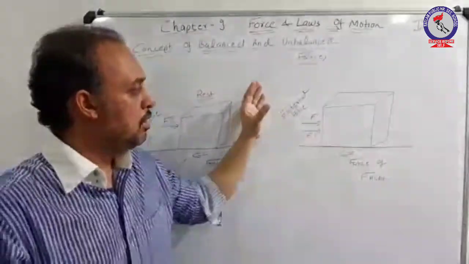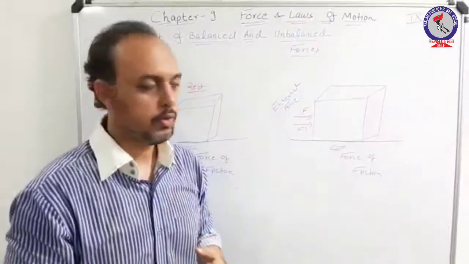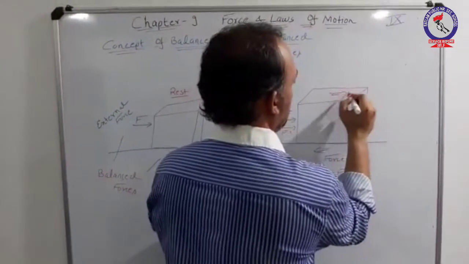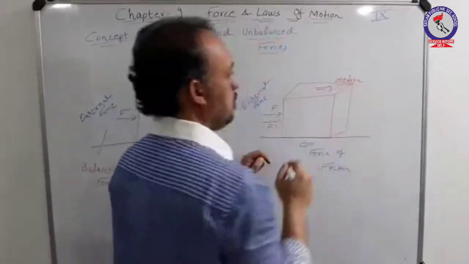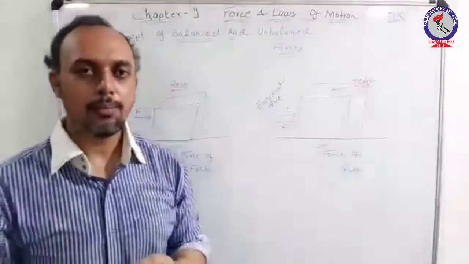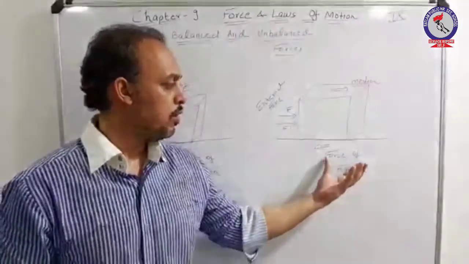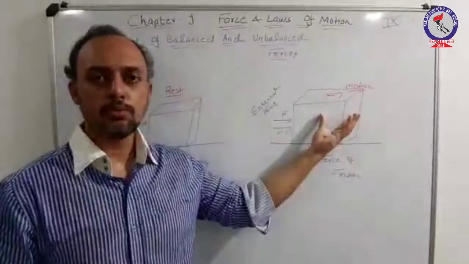Let us suppose that this increased force has overcome the force of friction and now this box is in motion. That is, by applying a greater magnitude of force, you have overcome this force of friction to change the state of this body.